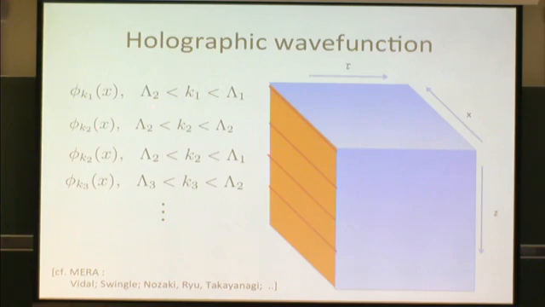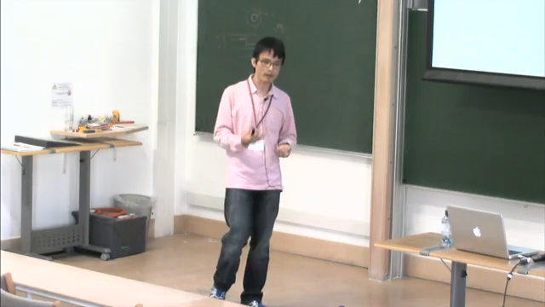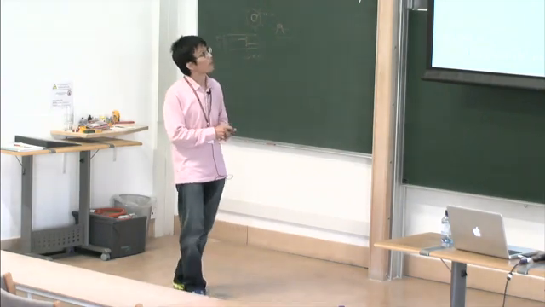It's not clear whether all theories can be thought of in this way, but if there is a covariant way of separating high energy mode and low energy mode, then the ground state wave function can be written as a d plus 1 dimensional functional integration of the source with some boundary term that depends on your field configuration. Okay, so this is a holographic way of thinking about a wave function.